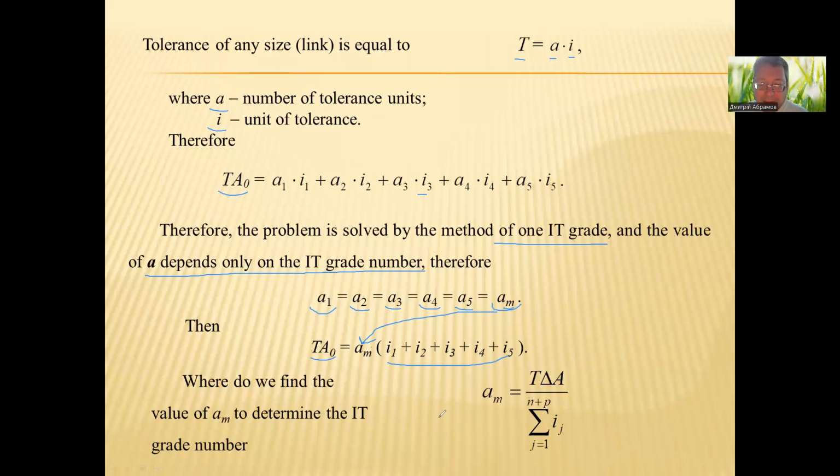Where do we find the value of AM? AM will be found from this formula: below the line is this sum, and above the line is T A0, the tolerance field of the initial link.